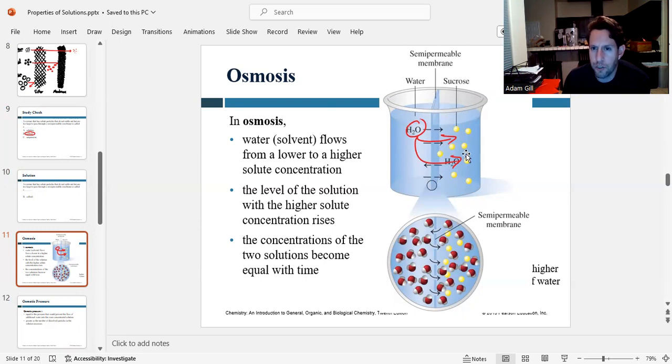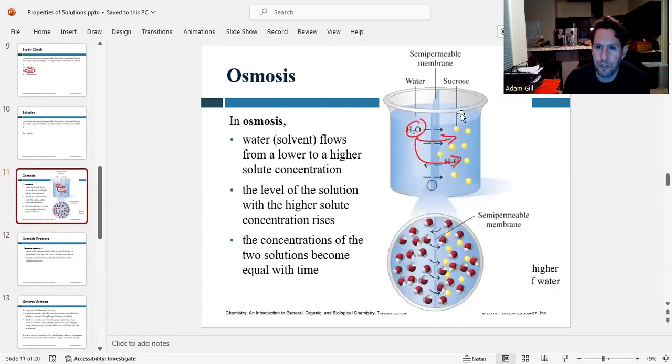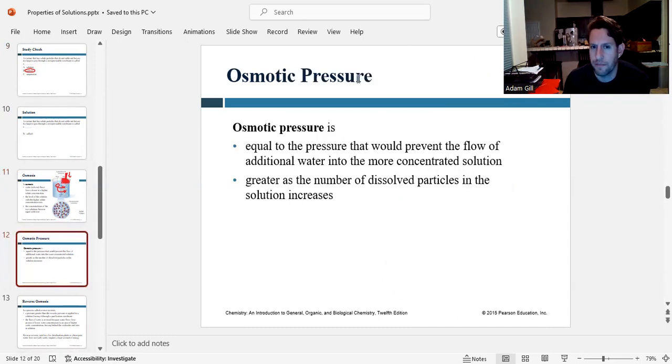Now, the water trying to move over here makes this side of the beaker want to increase in volume. Osmotic pressure is the amount of pressure you would have to apply. So if you had like a piston over here, if you could apply a downward pressure on this side of the beaker, the amount of pressure you would have to apply to stop osmosis from happening is known as osmotic pressure.